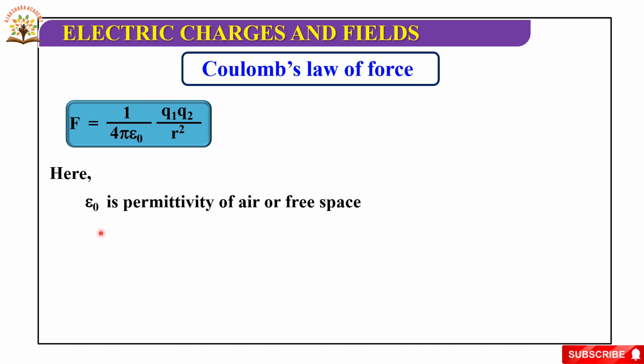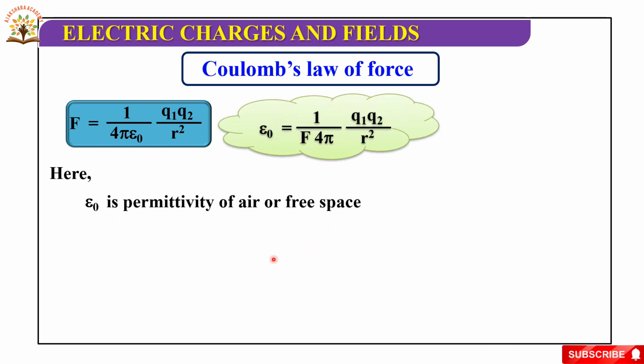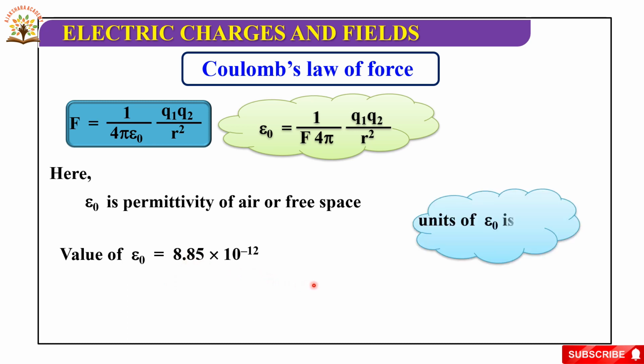Here, epsilon naught is the permittivity of air or free space. So, epsilon naught is equal to Q1 Q2 by 4 pi F r square. The value of epsilon naught is 8.85 into 10 to the power of minus 12.